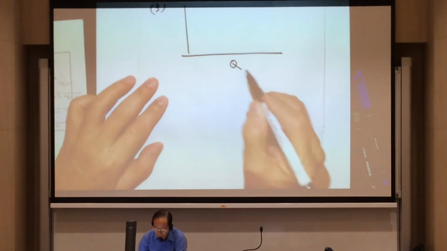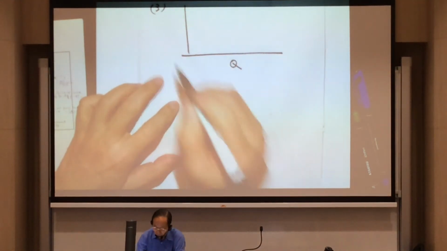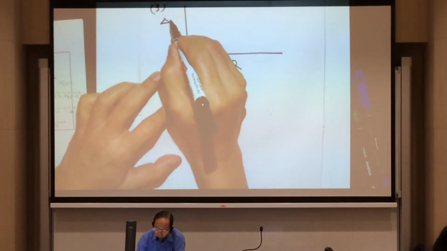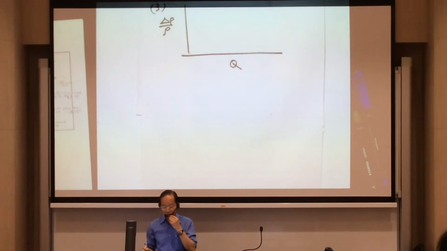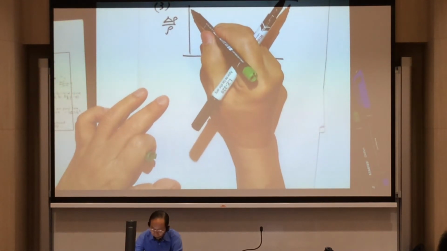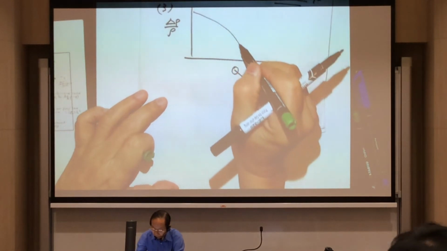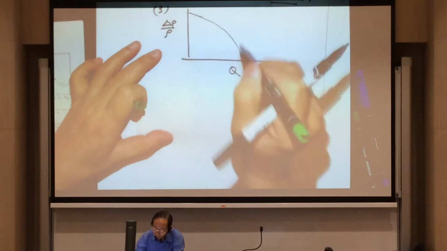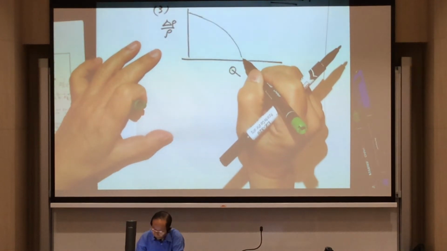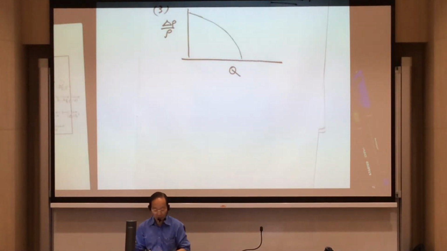You have Q on the x-axis and the head, delta P over rho, on the y-axis. It will typically go like a curve here. Typical pump characteristic.